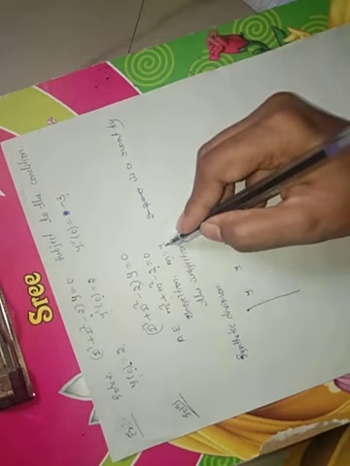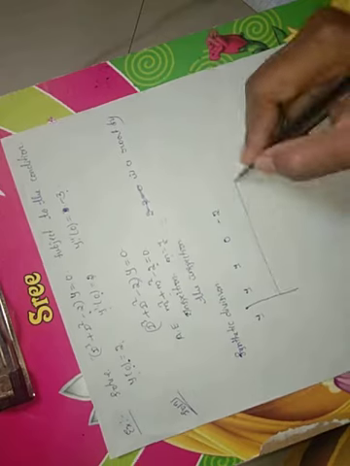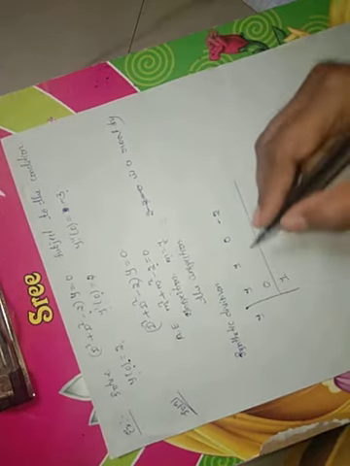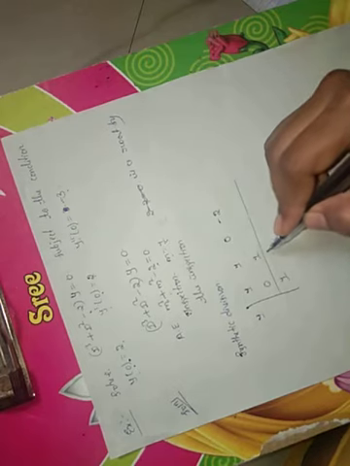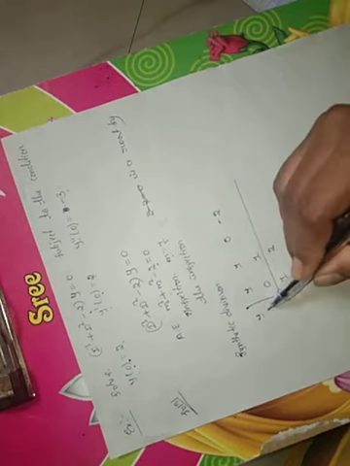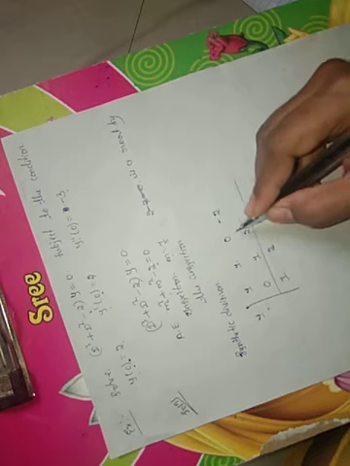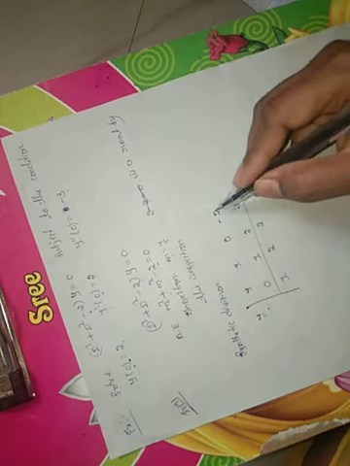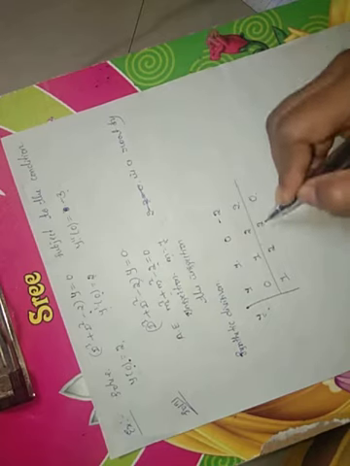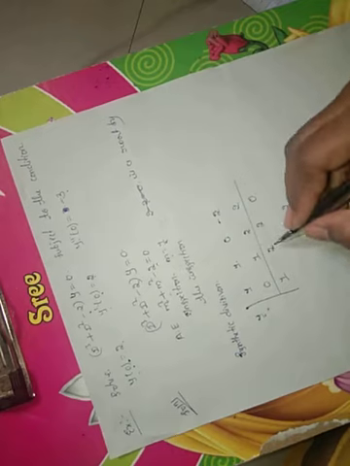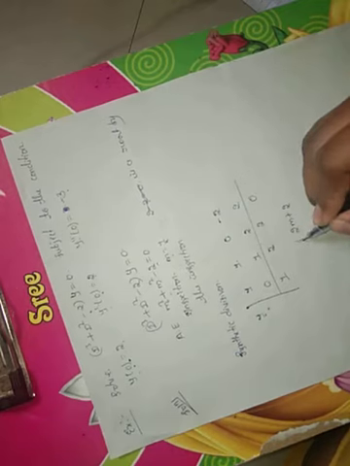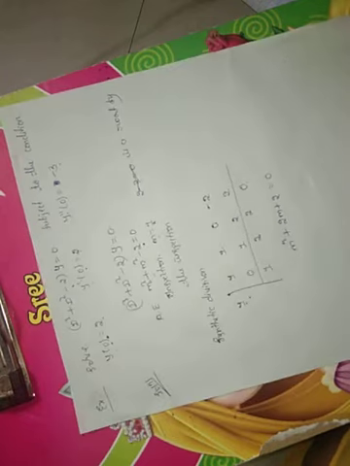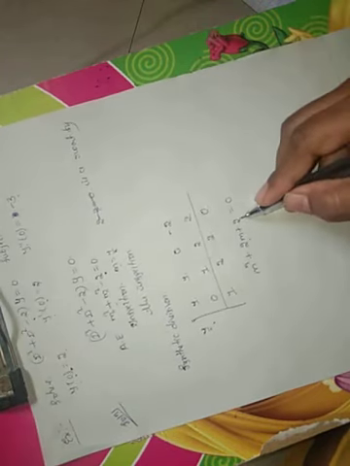With the root value 1, start with 1, 1 plus 0 is 1, 1 into 1 is 1, 1 plus 1 is 2, 2 into 1 is 2, 2 plus 0 is 2, 2 into 1 is 2, minus 2 plus 2 is 0. So m square plus 2m plus 2 equal to 0.